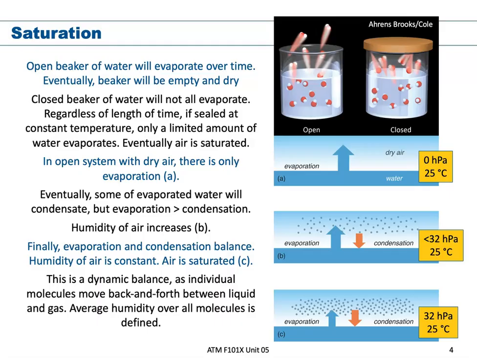At 25 degrees Celsius, 77 degrees Fahrenheit, 298 Kelvin, the vapor pressure increases to 32 hectopascals, or 3% of the air. And at 40 degrees Celsius, 104 Fahrenheit, or 313 Kelvin, the vapor pressure increases to 74 hectopascals, or 7% of the air.